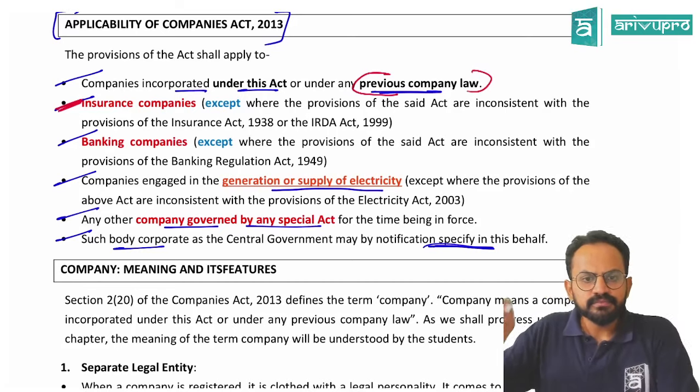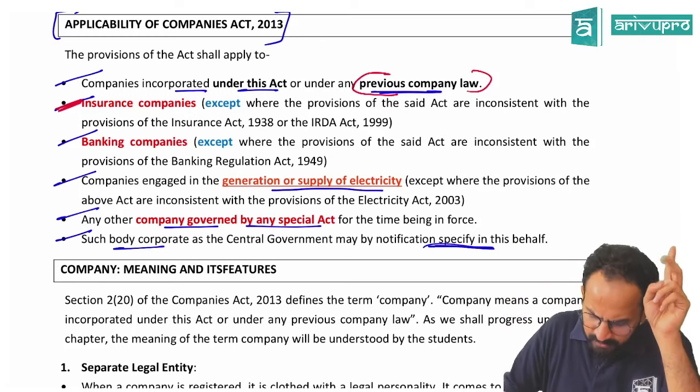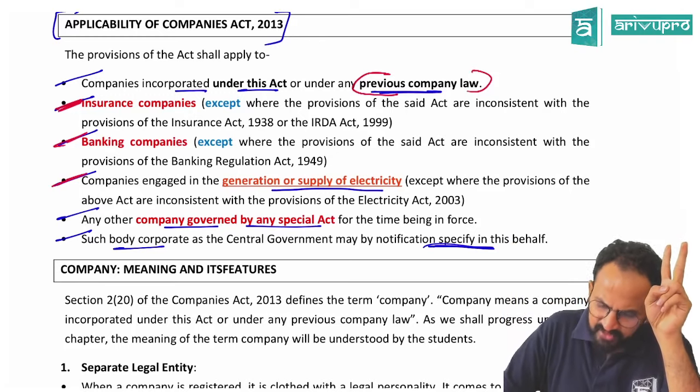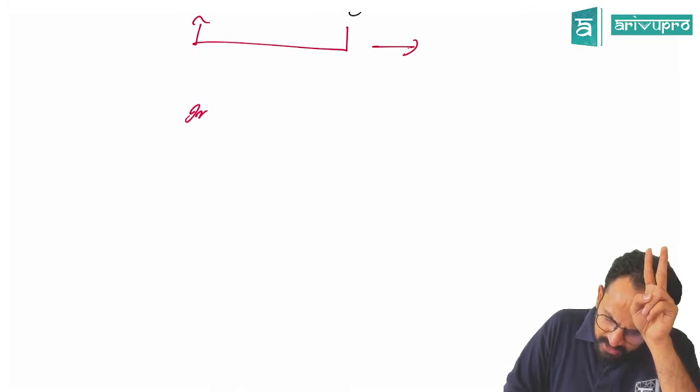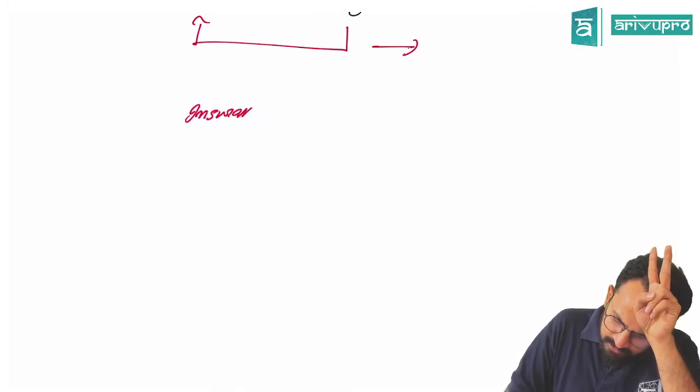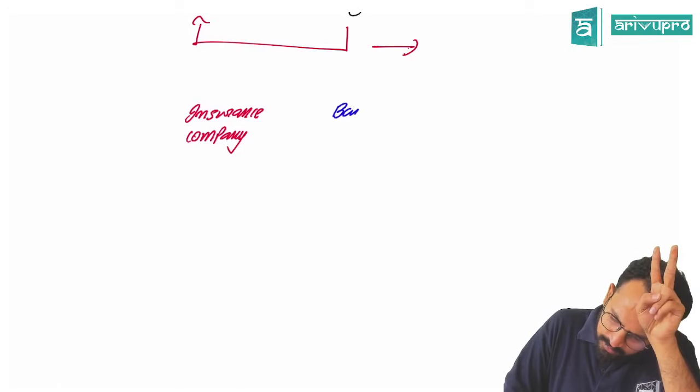So, insurance company, banking company, electricity company. It is also applicable to insurance company. It is also applicable to banking company.